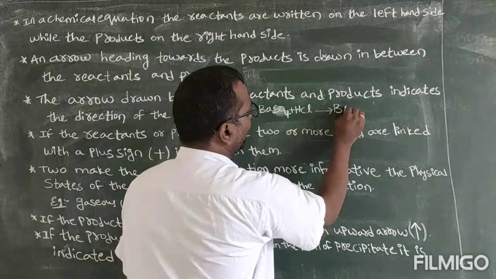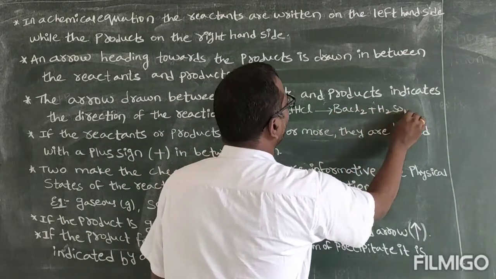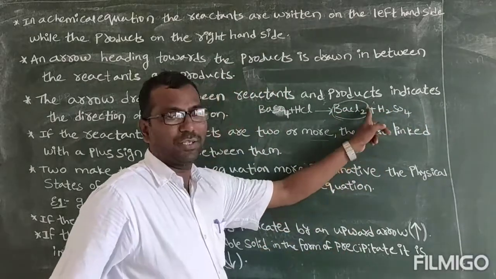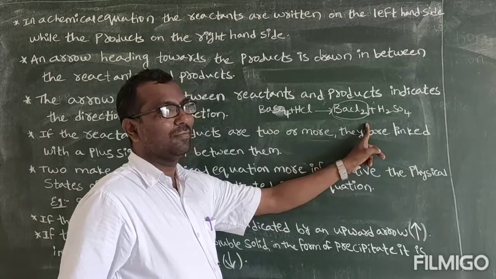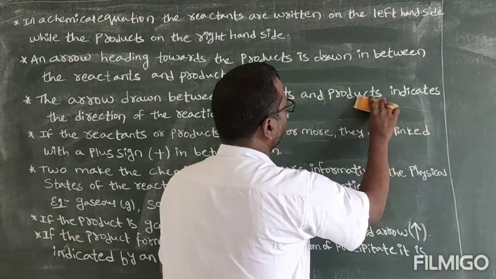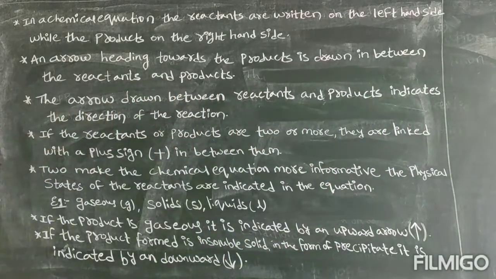Here you will get BaCl2 plus H2SO4. So here BaCl2 is the precipitate, down. Like this, the examples. Precipitates are downward arrow. So please note down.